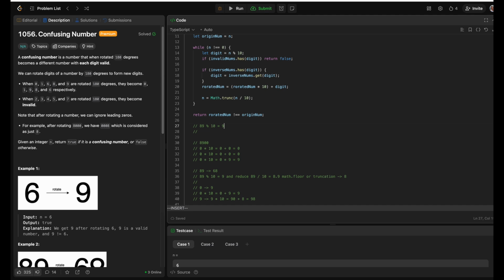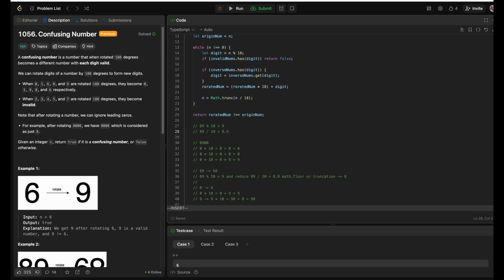And then we have to somehow reduce this number and imitate iterating from the right side to the left side. So in the first operation, 89 modulo 10 has a remainder of 9, and then the second step is to divide by 10, and we have 8.9.